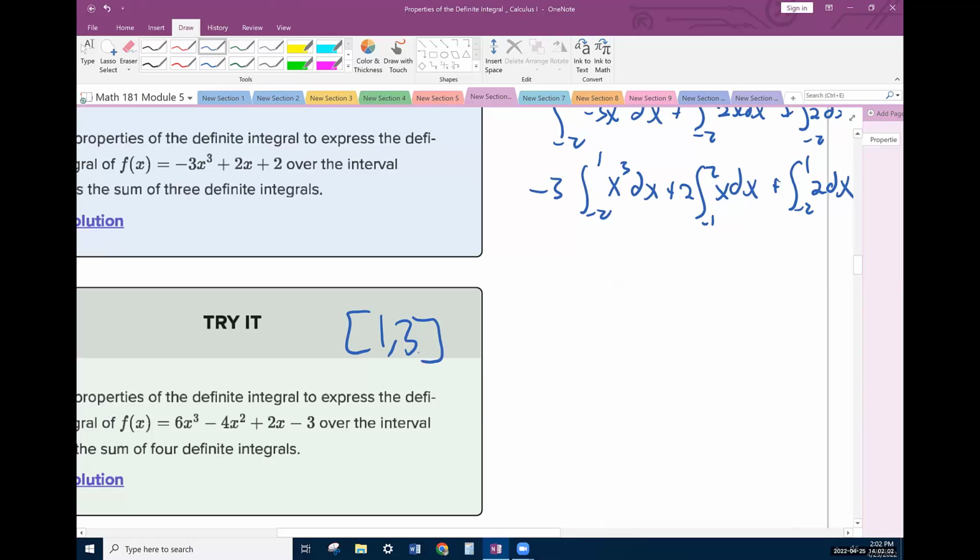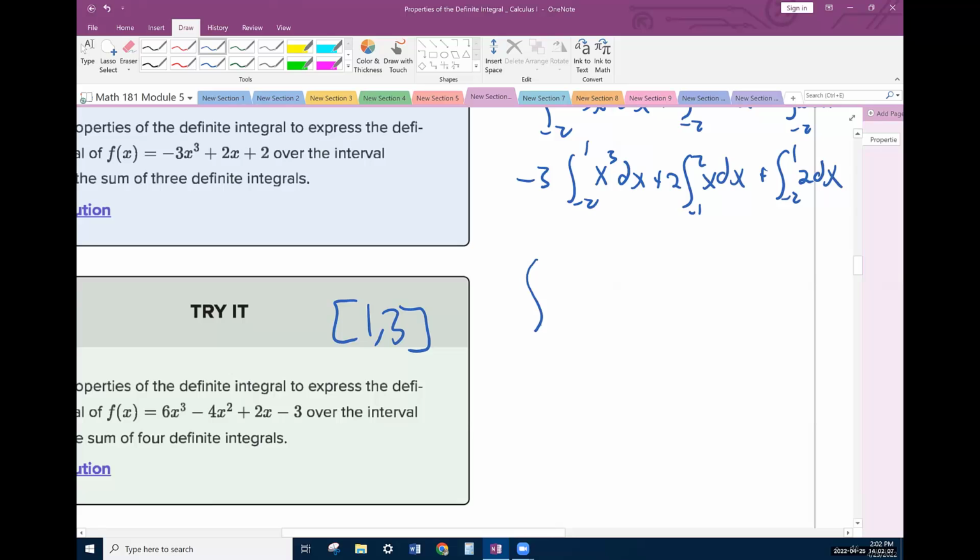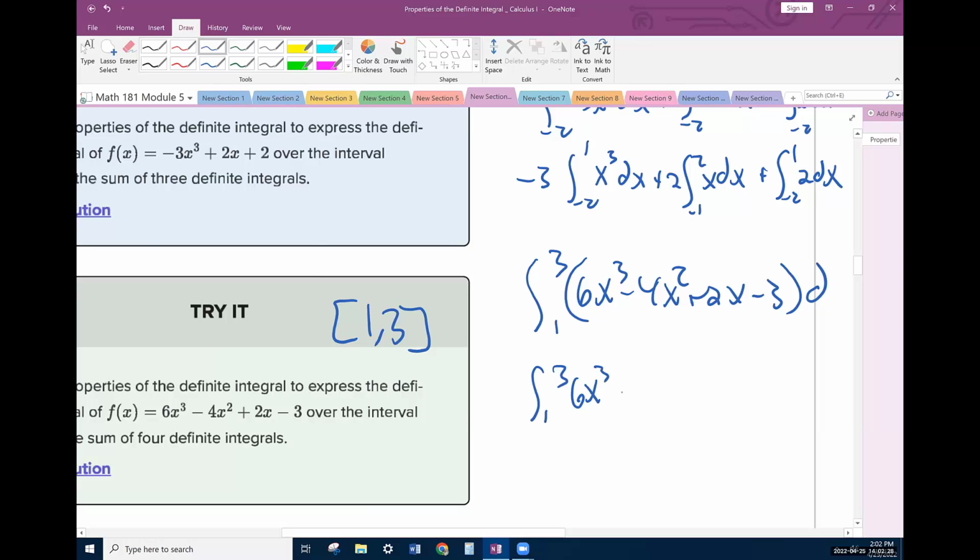Same thing for the next one with the interval 1 to 3. So we start with the integral from 1 to 3 of 6x cubed minus 4x squared plus 2x minus 3. Does someone want to give me the first integral? Integral from 1 to 3 of 6x cubed dx. Good.